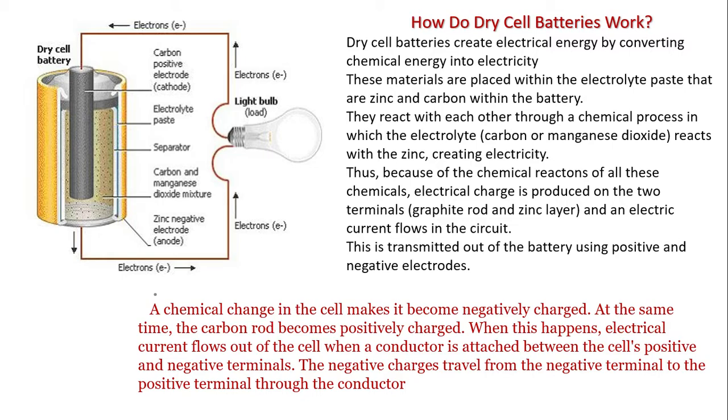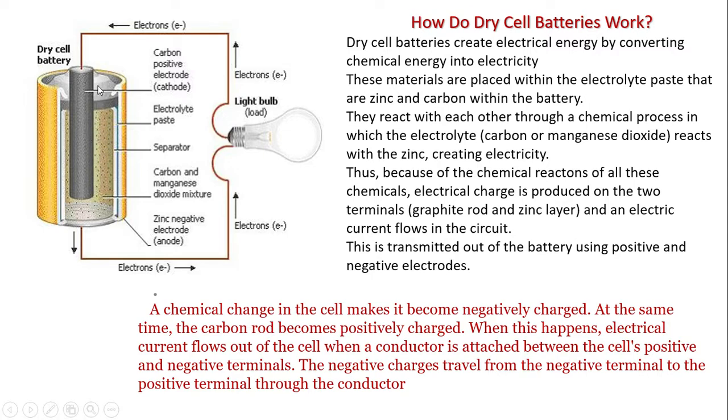Now, we have understood that the basic power unit inside a battery is called a cell. It contains, once again, two electrodes along with the electrolyte in between them.